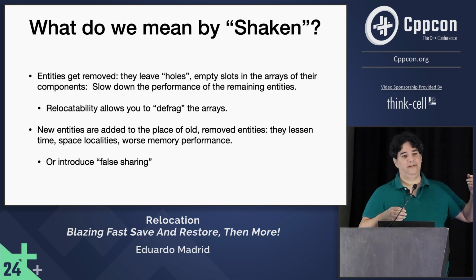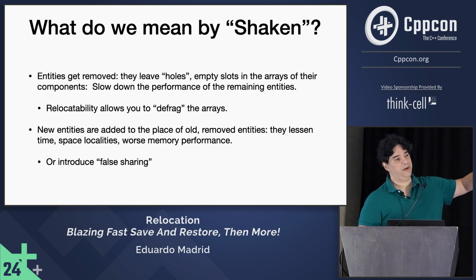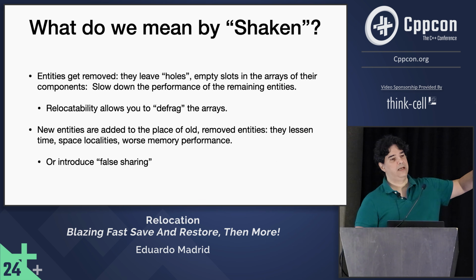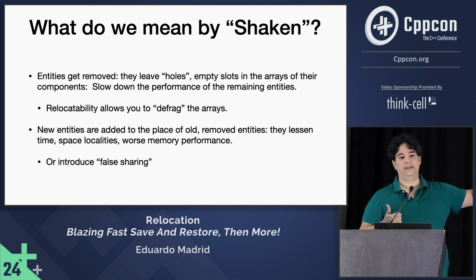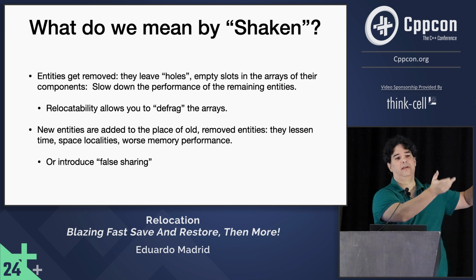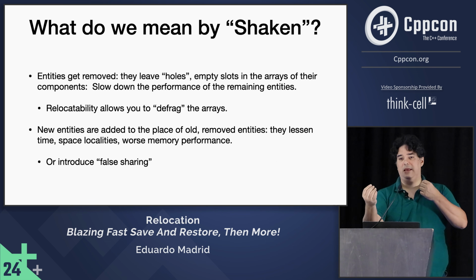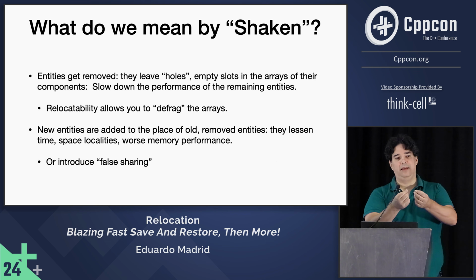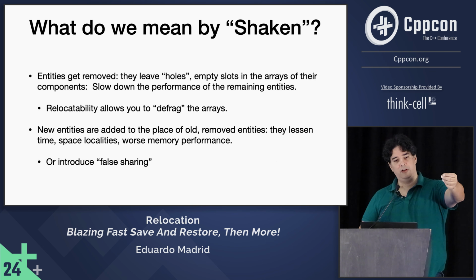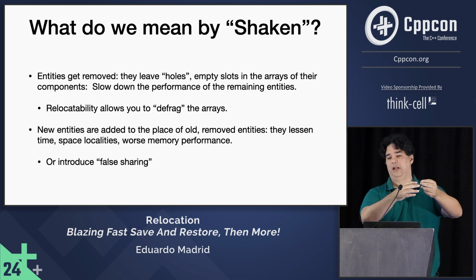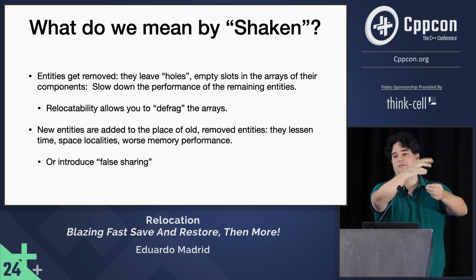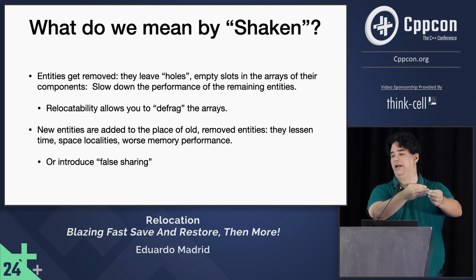Another thing is that, let's say, for example, that you remove an entity from the beginning of the structure of arrays, and then you add a new entity, so you require a new index, and you may reuse the old index, but then it breaks the space locality between the new item that presumably can have locality with the new items or the latest items that were added.